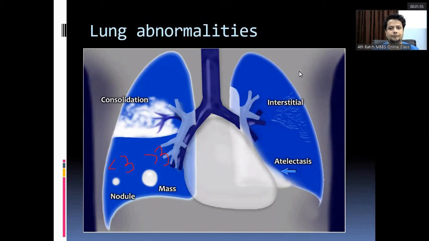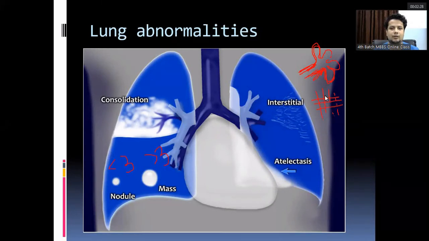So we all know from our anatomy days that the lung is composed of multiple alveoli. The supporting structures around the airway are the interstitium. If there is any pathology in the interstitium, then they appear as linear opacities, or if there are multiple linear, they appear as net-like, which is called reticular.